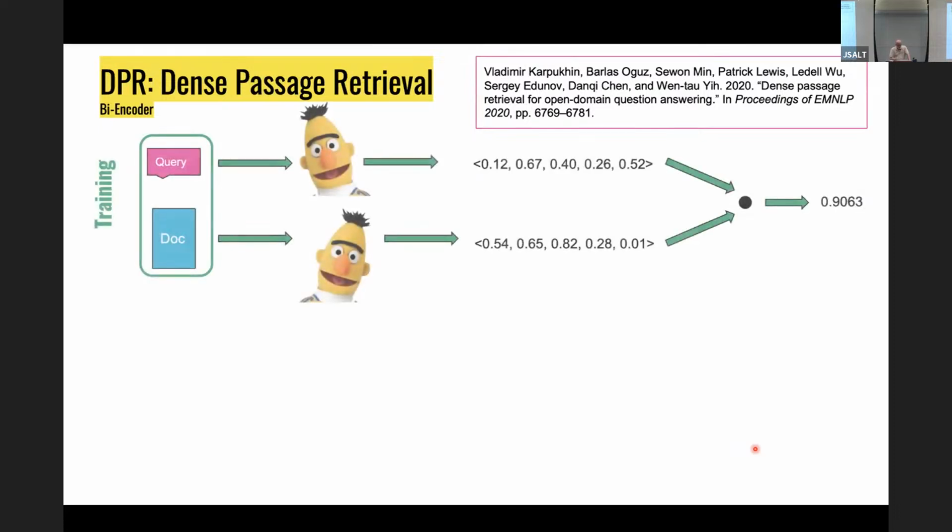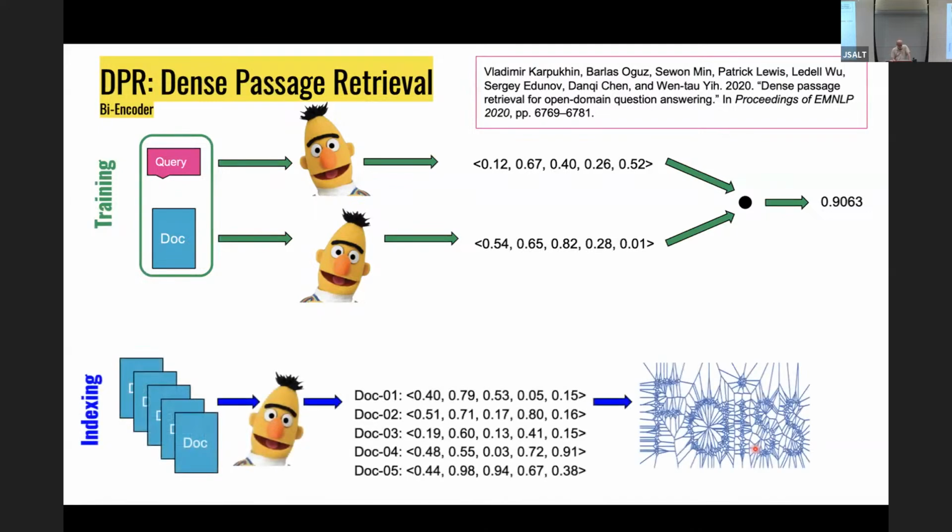So at training time, we have our training examples, MS Marco, say, and we build our models so that we know how to produce a vector for each text. At indexing time, then we run our documents through there and get a vector for each document. So now we have one vector per document. And we store those vectors in our nearest neighbor index.